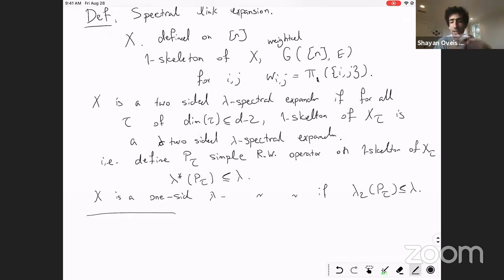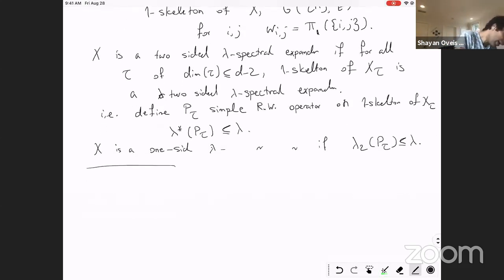So I want every link to be an expander. This is very interesting. If you think about a graph, this is like saying I want the graph to be an expander, the neighborhood of every vertex to be an expander, and so on.